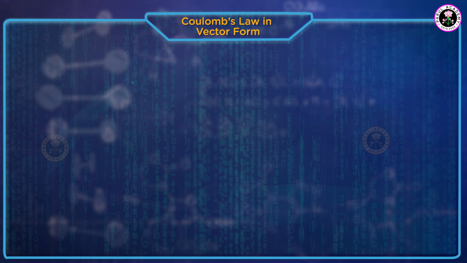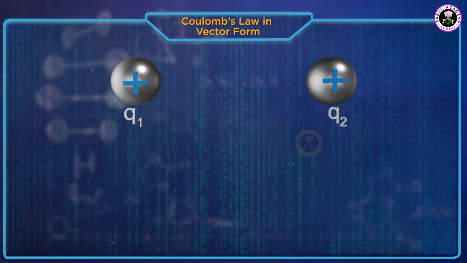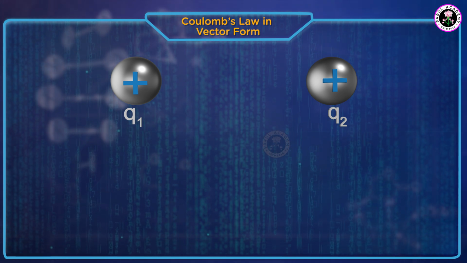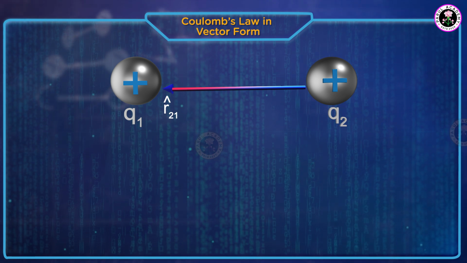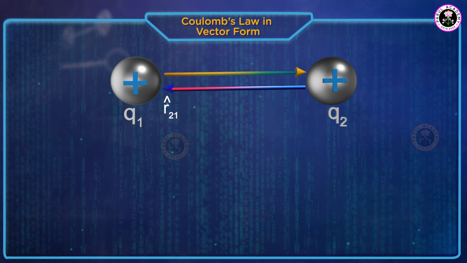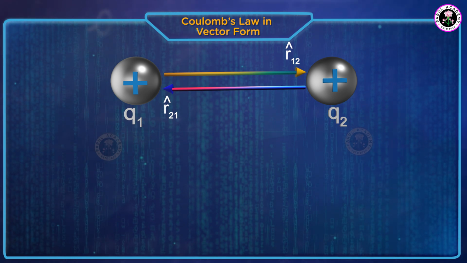Coulomb's law in vector form: let two charges Q1 and Q2 be separated by a distance r, and the position vector of Q1 from Q2 is r21 cap and of Q2 from Q1 is r12 cap, and r12 cap is equal to minus r21 cap.